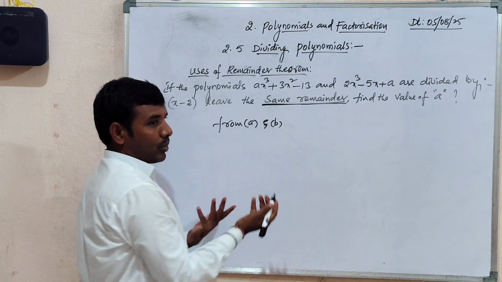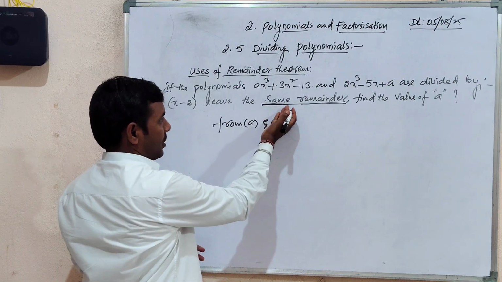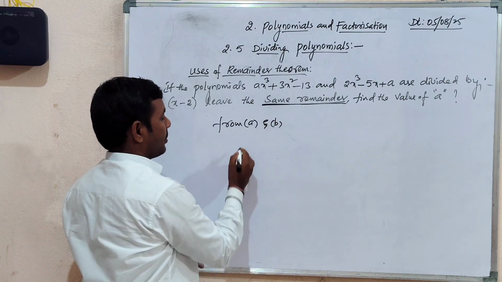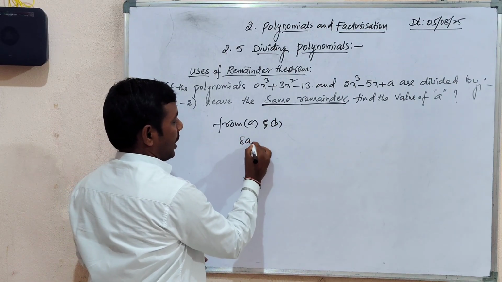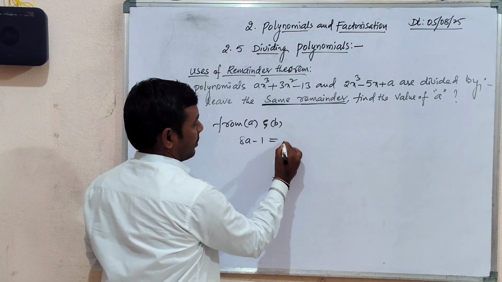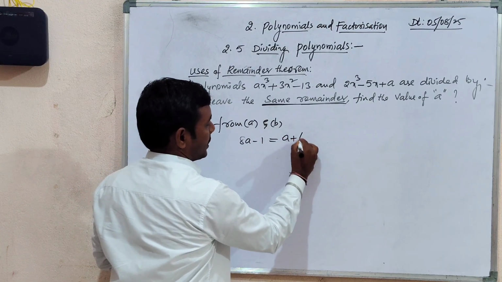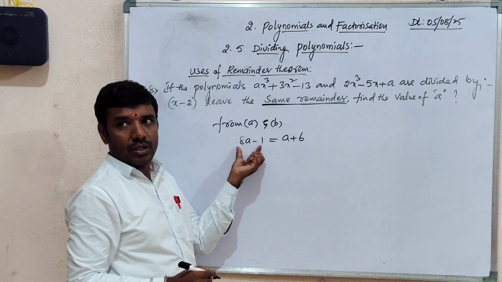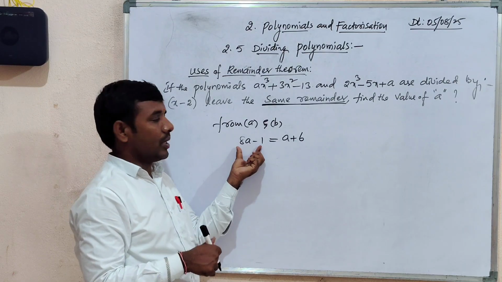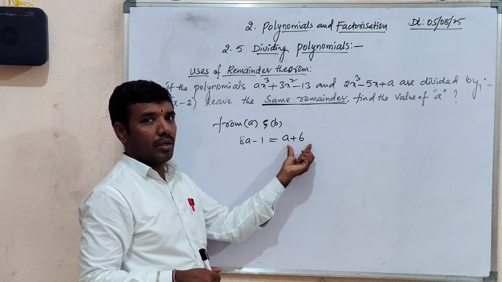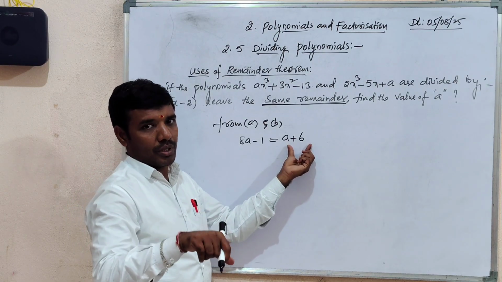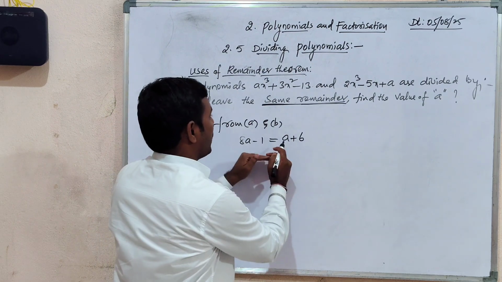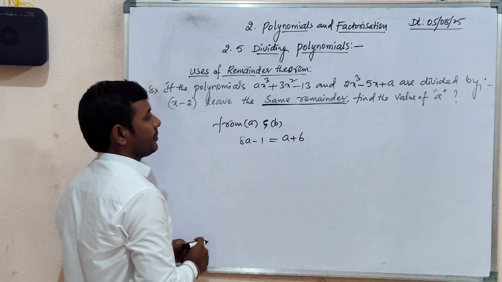So I want to make both remainders equal based on this question. Now 8a minus 1 is equal to a plus 6. This I got in A as a remainder, this I got as remainder in B option. So however both remainders must be the same.